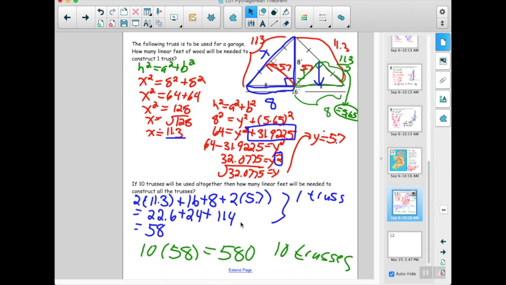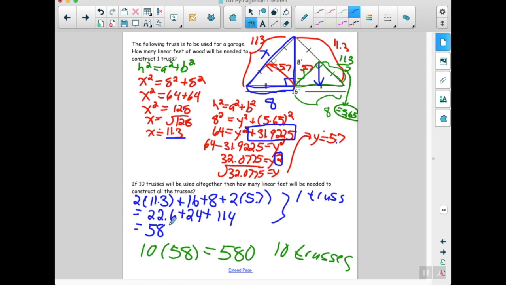So in one truss, we're going to need 58 linear feet. If we're going to build 10 trusses, then I'm going to need 10 times 58, and that gives me 580 linear feet for 10 trusses.